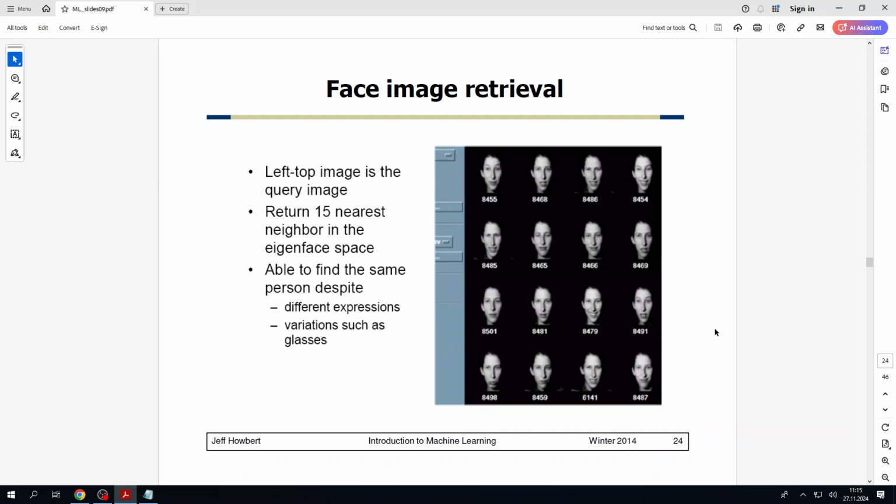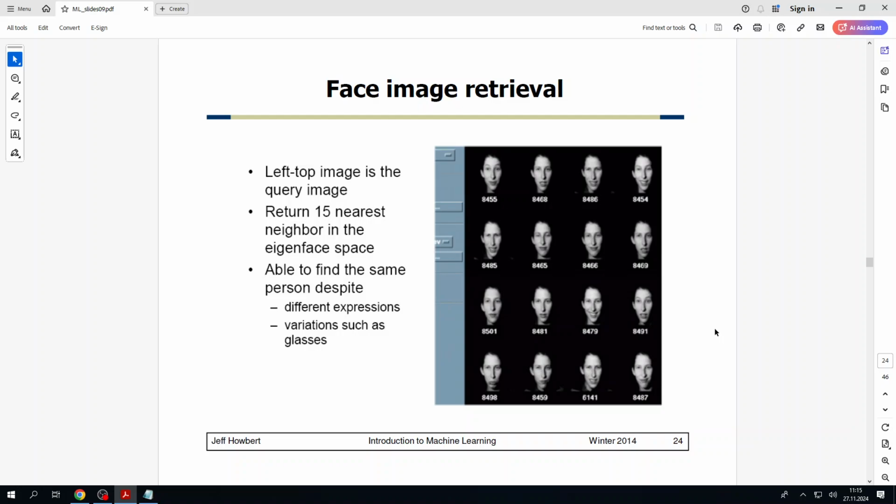This is important for systems such as Face ID, which your smartphone might be using when you use the frontal camera to unlock it without having to input a code or use your fingerprints. Different expressions and variations can still be recognized as the same face. Why?